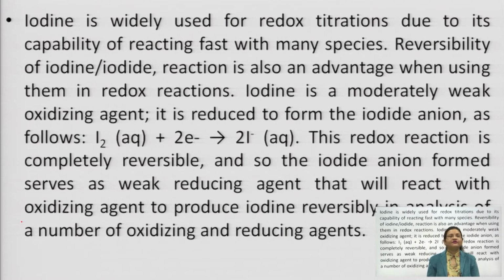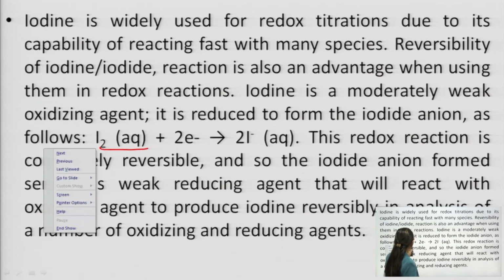Iodine is a moderately weak oxidizing agent. It is reduced to form iodide anion and follows the I2 to 2I minus reaction. When iodine is used as an oxidizing agent, it is reduced, as the reaction depicts. This is the aqueous solution of iodine.